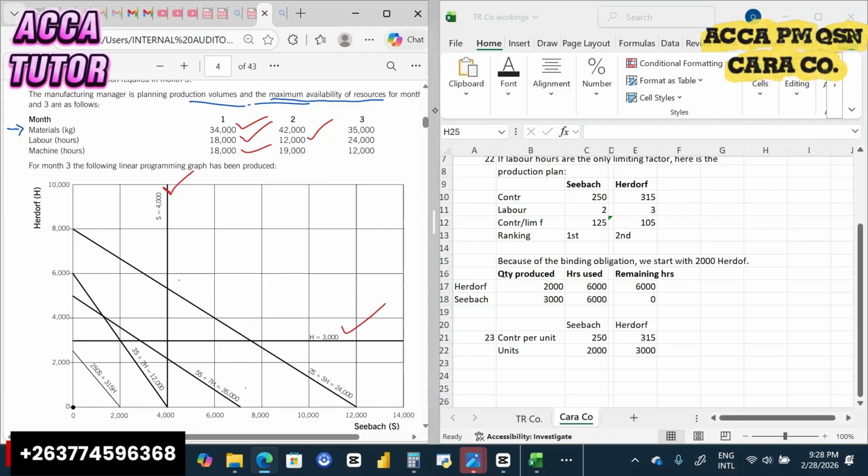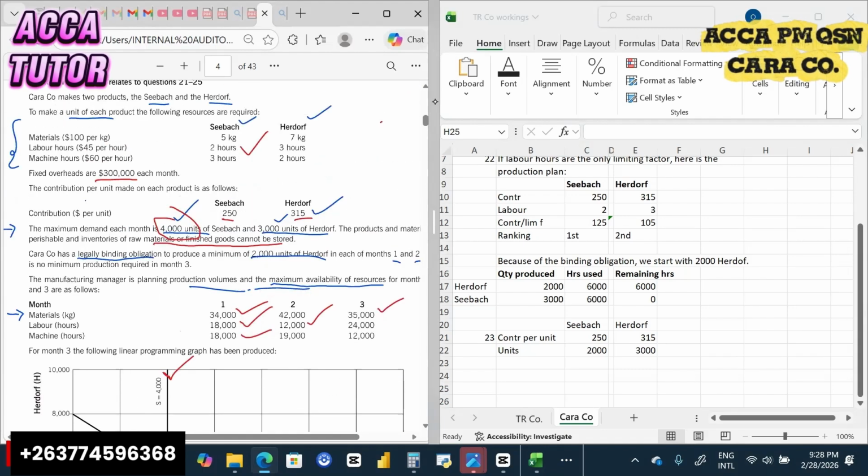Remember in month 3, my materials cannot exceed 35,000. So you check and see that we were initially told we have 5 kgs for C batch and 7 kgs for head-off. So for materials the equation should be 5S plus 7H is less than or equal to 35,000.